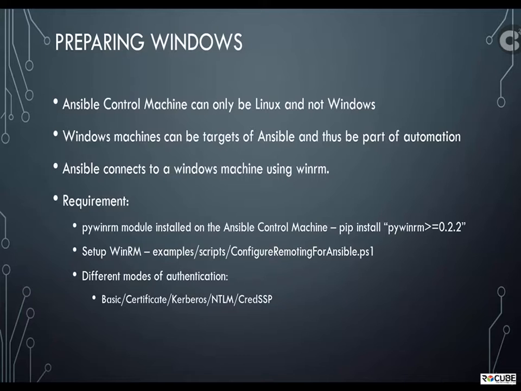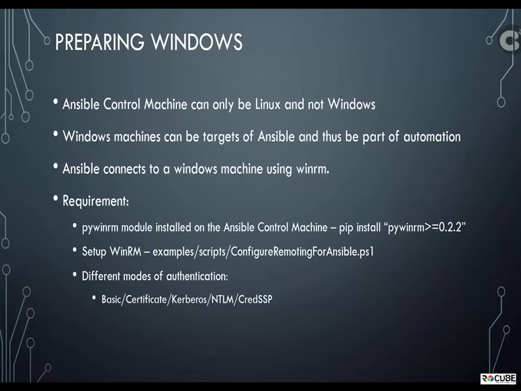Now there are different ways of doing this. An easy way to do this is to use the script provided by Ansible called the configure remoting for Ansible script. This is a PowerShell script, and you can download this script and run this on the Windows server, which will set up WinRM on the Windows server, enabling Ansible to connect remotely.